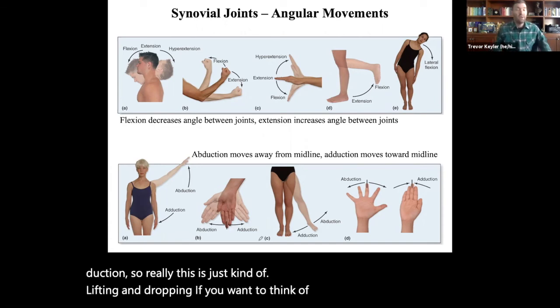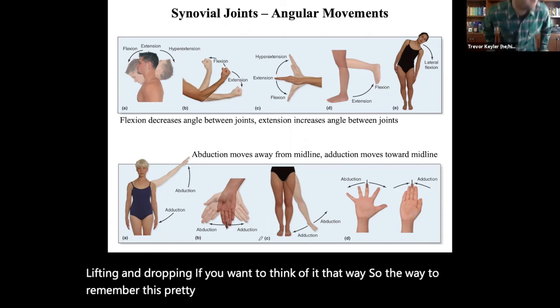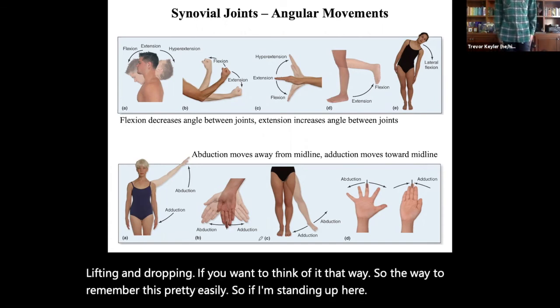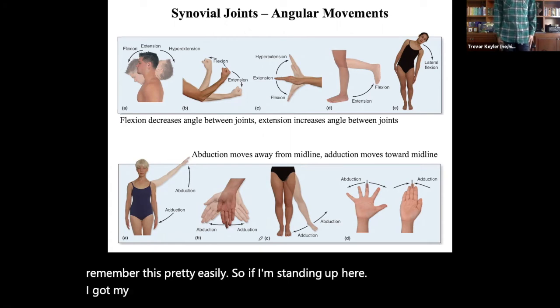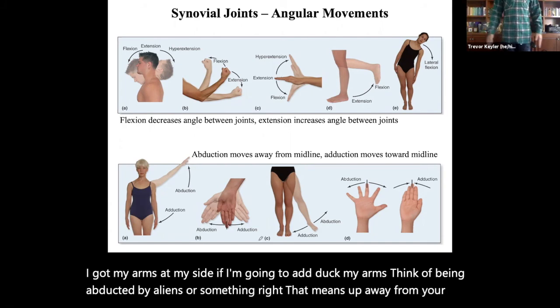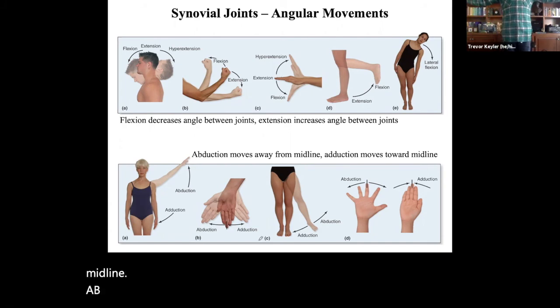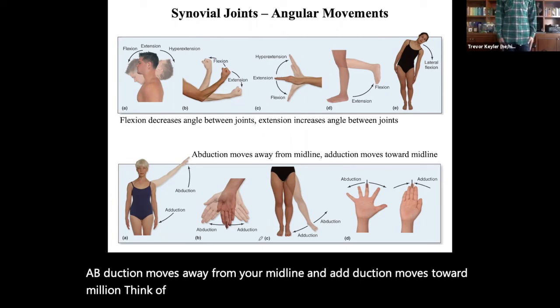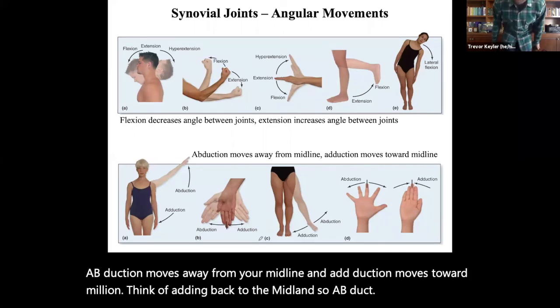The way to remember this pretty easily: if I'm standing up here with my arms at my side, and I'm going to abduct my arms, think of being abducted by aliens, right? That means up, away from your midline. Abduction moves away from your midline, and adduction moves toward the midline. Think of adding back to the midline.